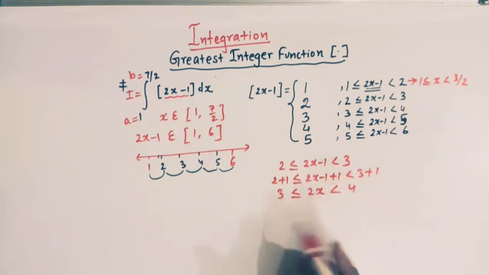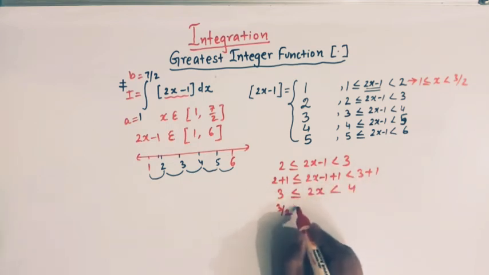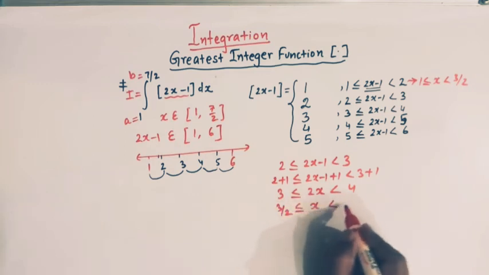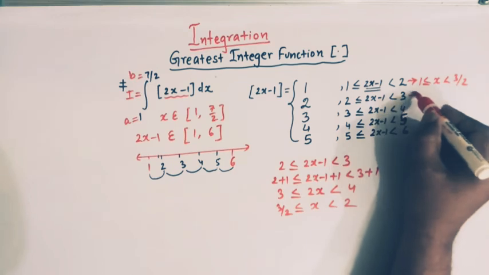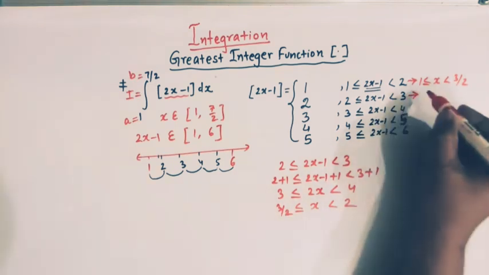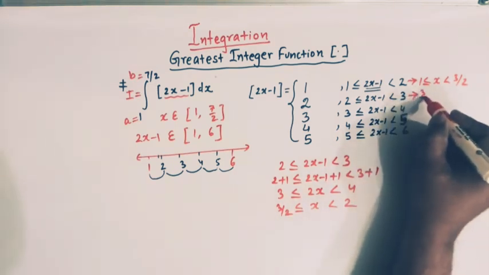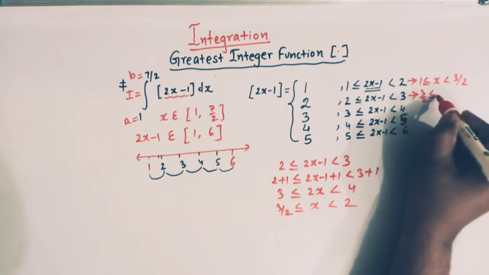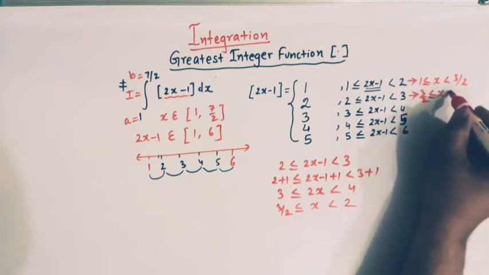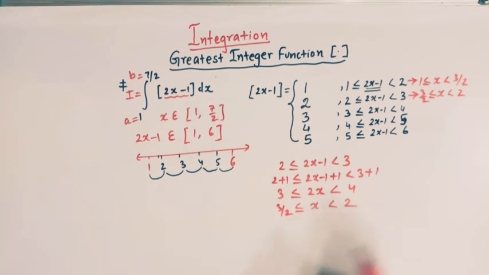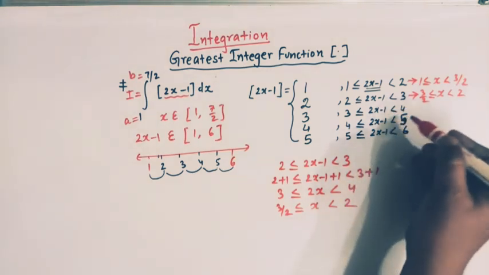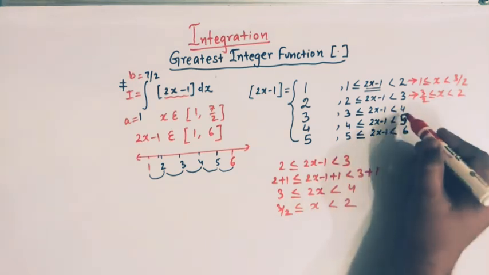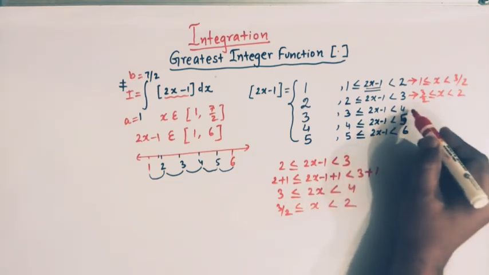Dividing throughout by 2, we have 3 by 2, x, and 2. So this inequality is equivalent to 3 by 2 less than or equal to x less than 2. Similarly, we can solve these 3 inequalities, and let us write them in terms of x.